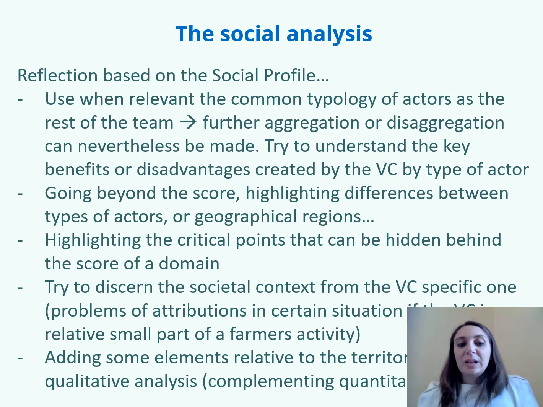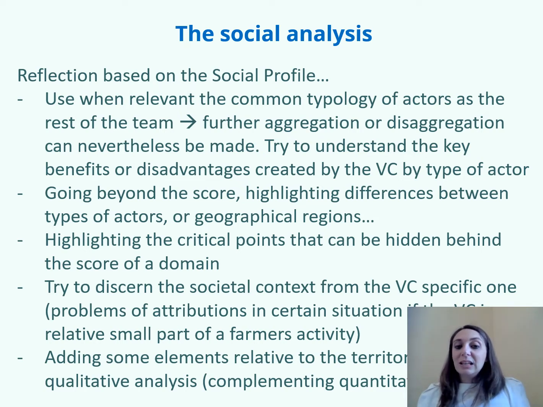Another key recommendation is to go in the analysis in writing beyond the score that you have in each domain of the social profile. You're asked, in fact, to only produce one social profile for each value chain, but you can have differences between the types of actors or between different regions of production.